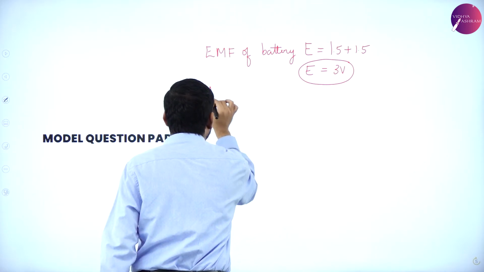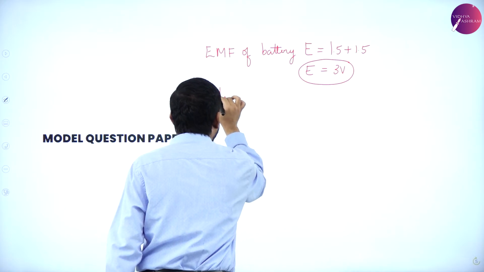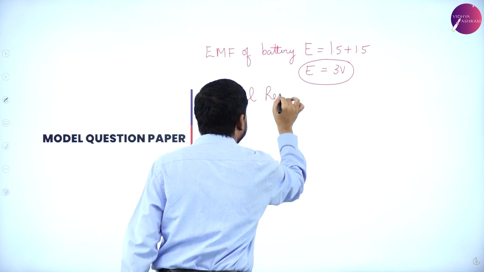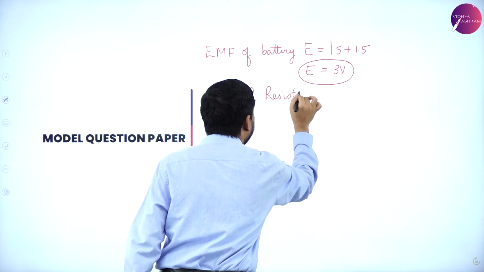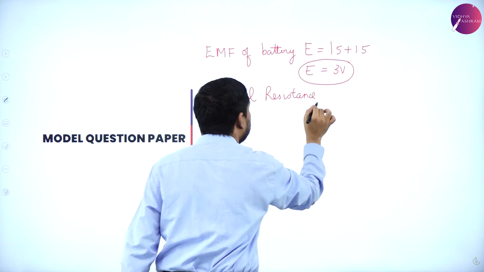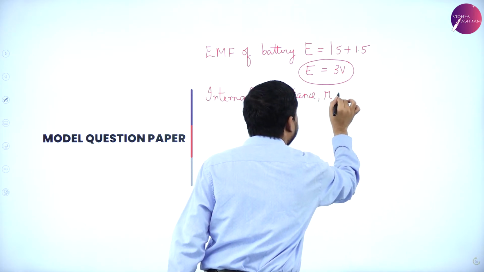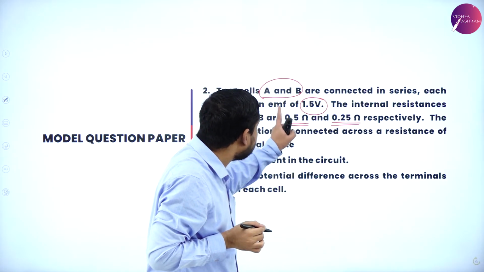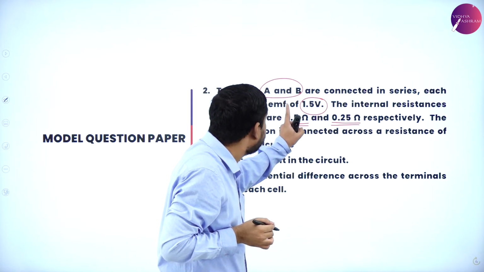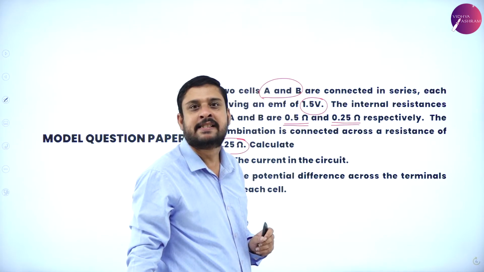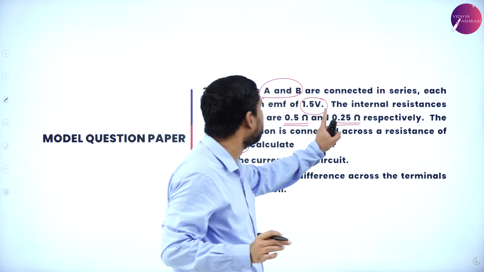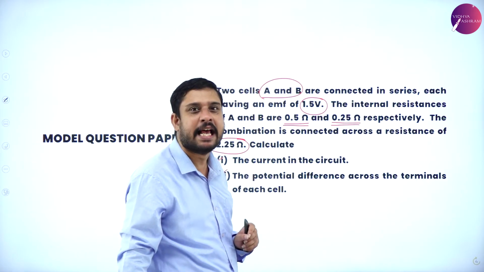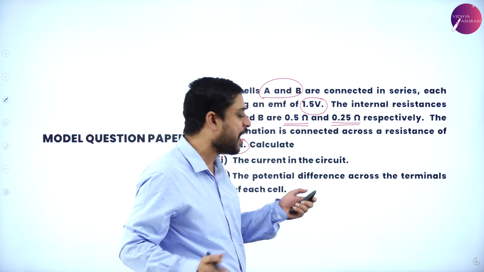Similarly, the internal resistance of the battery, small r equals: the internal resistance of the first cell is 0.5 ohm, and the internal resistance of the second cell is 0.25 ohm.